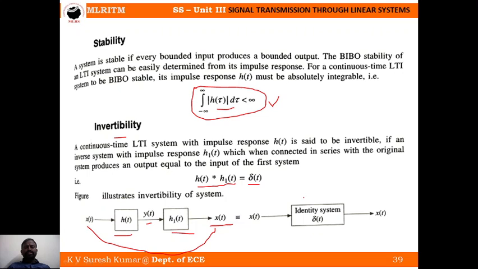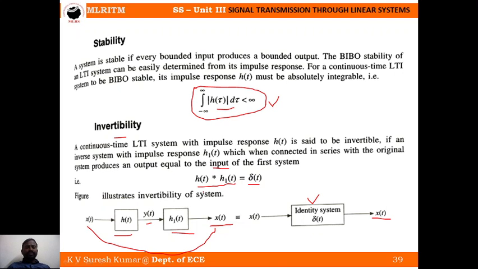If x of t is the input to the identity system delta of t, then you will be getting x of t back. So this is about invertible systems. Any system can be known as invertible if there is an inverse system with impulse response h1 of t, which when connected in series with the original system produces an output equal to the input of the first system.